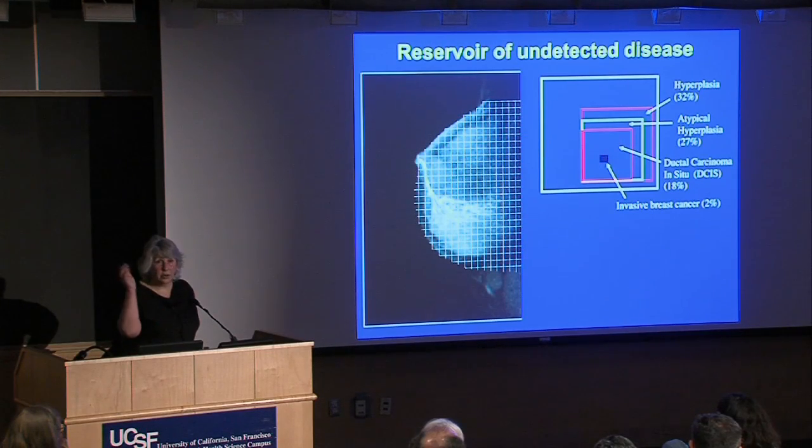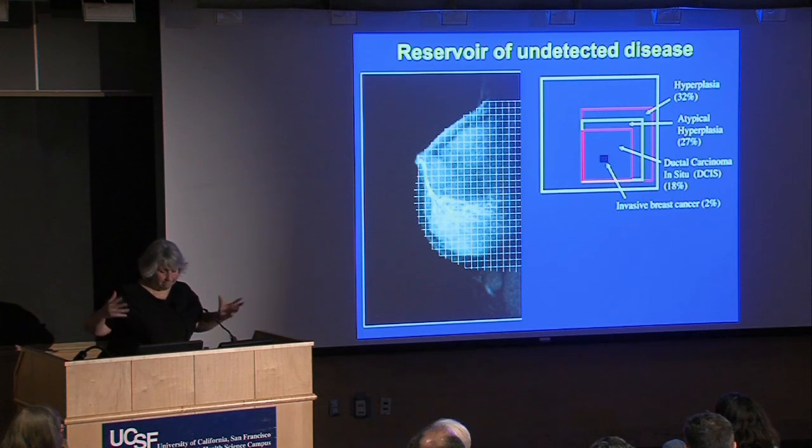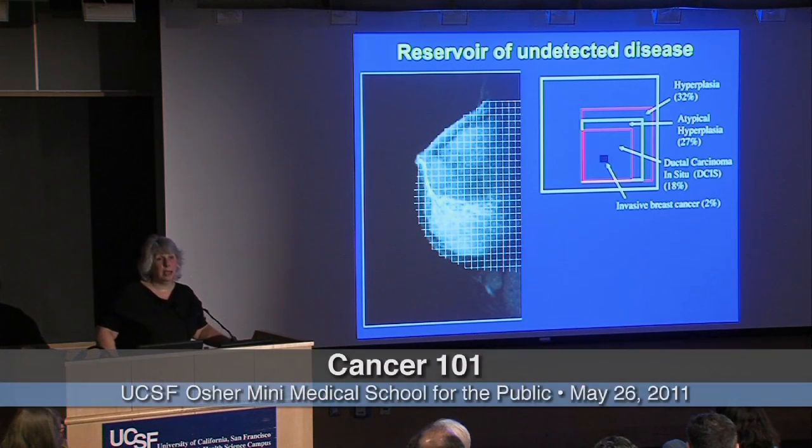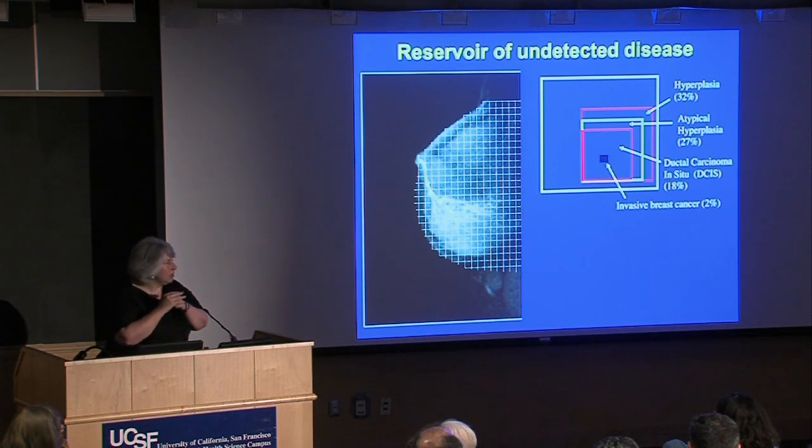So all of you are sitting here in the audience. Many of you have not been diagnosed with cancer, but I can tell you that probably every single one of you is sitting there, and in your bodies are these little tiny areas that are just at the beginning or already cancer. They're being held in check by the stromal cells. The reason I can tell you that is because of these types of studies.